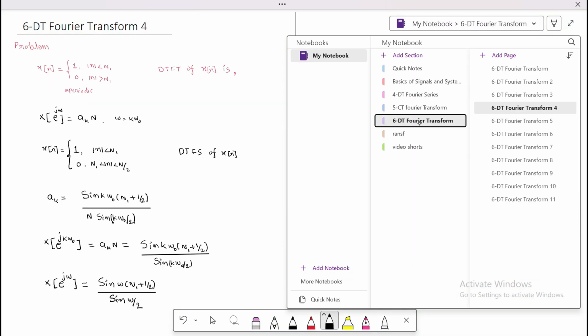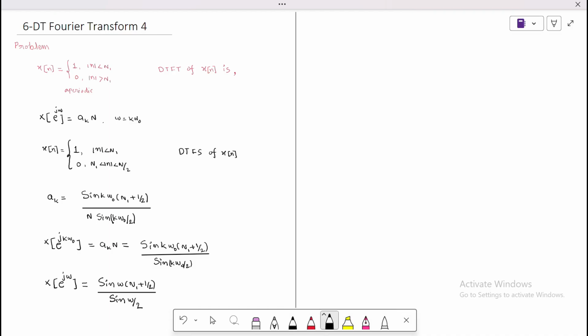I don't want to prove it again. With the help of the Fourier series coefficient formula, simply we know that. It is also useful to remember the same for Fourier series and Fourier transform: simply, ak into capital N is nothing but the Fourier transform, and k omega naught must be replaced by omega. That is the case, so these are the examples.